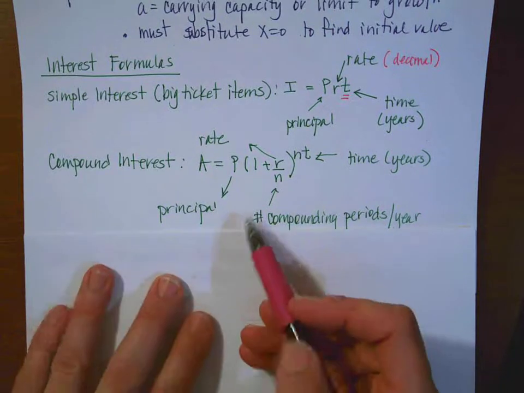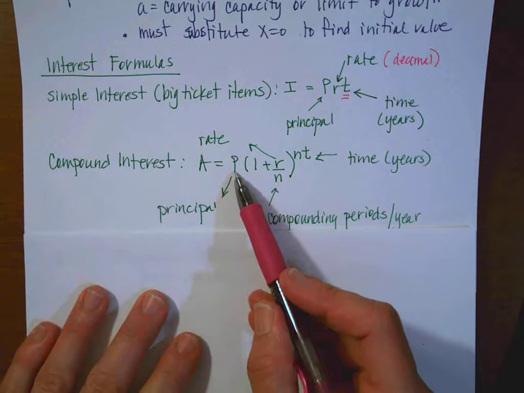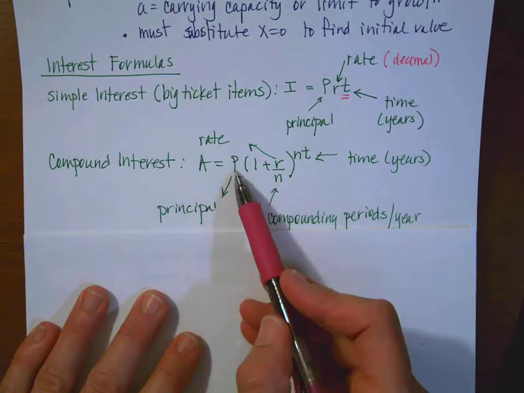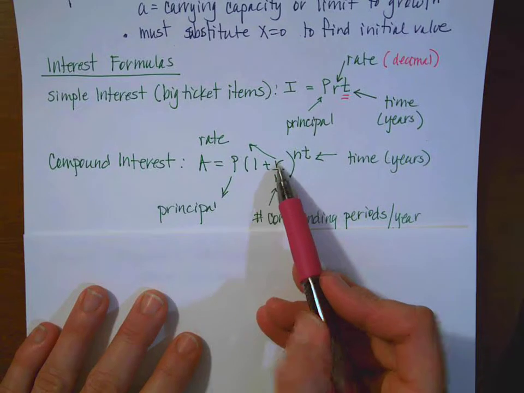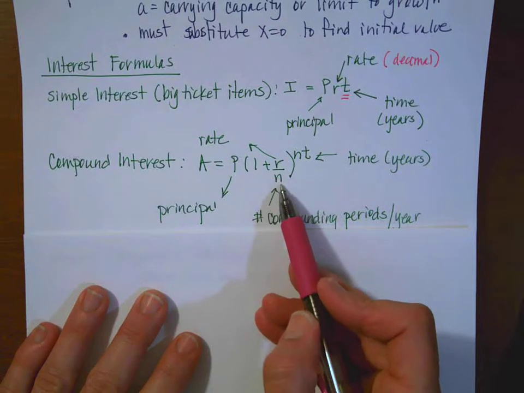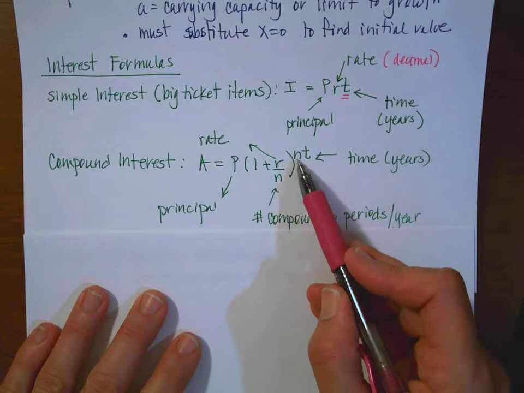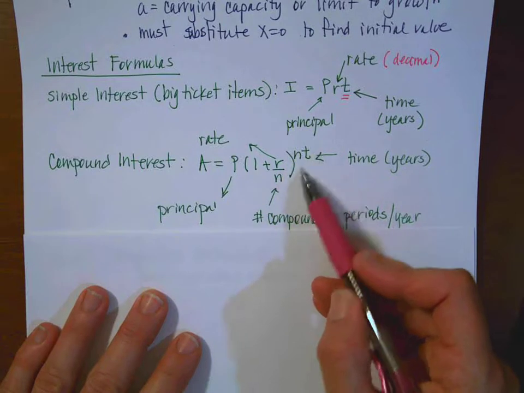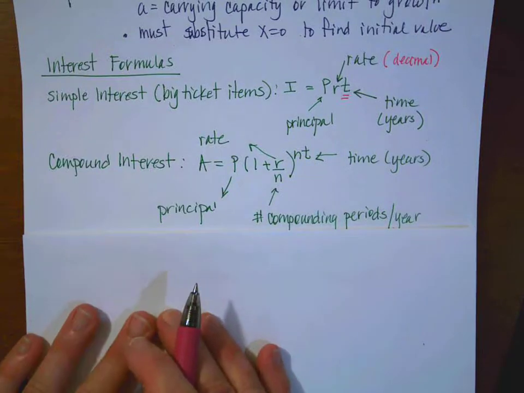So the next month, then I would have a new principal, or whatever the compounding period is. So A is the amount in the bank, P is principal, R is always the rate, it's always in decimal form, N is the number of compounding periods per year, because if I have time in years and I multiply it by the number of compounding periods per time, then my year units cancel, and then I would have my amount of money.